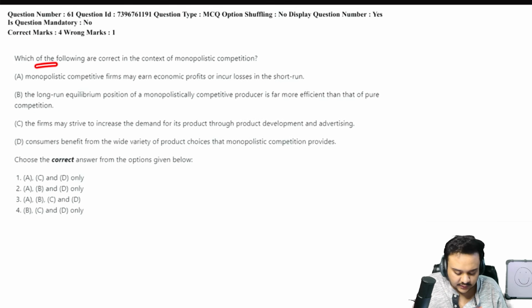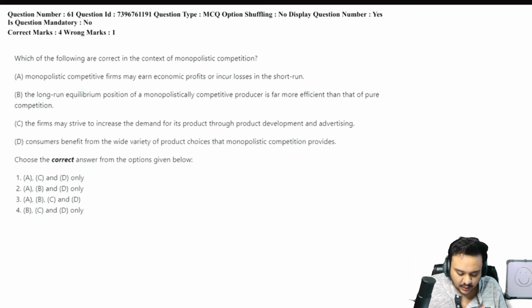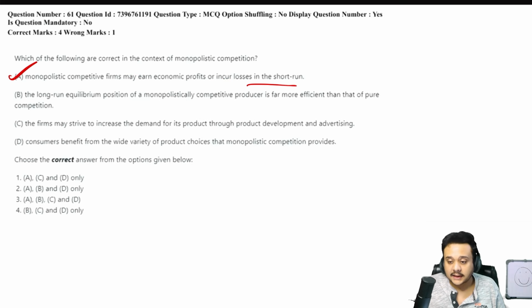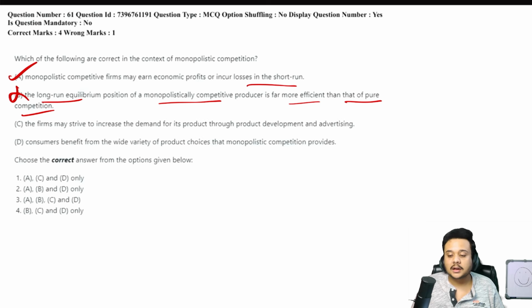Then the next one says, which of the following are correct in context of monopolistic competition? Again, important. All of the market types are going to be important. Monopolistic competitive firms may earn economic profits, or absolutely in the short run they can incur losses or they can make profits. Long run equilibrium position of a monopolistically competitive producer is far more efficient than of perfect competition. Is that possible in any case? When we compare the monopolistically competitive market in any case, why?